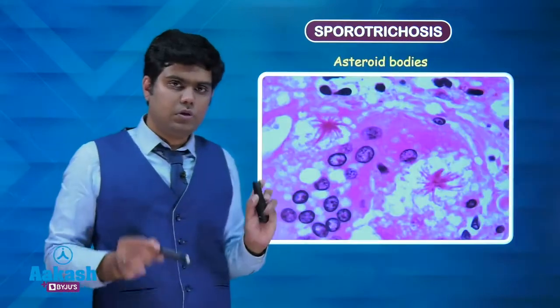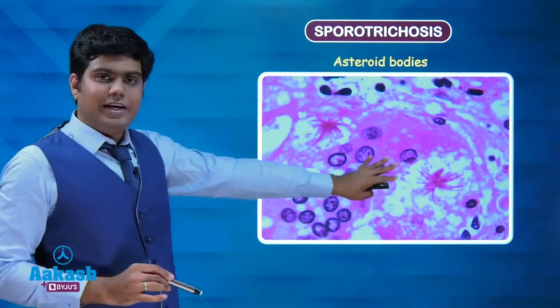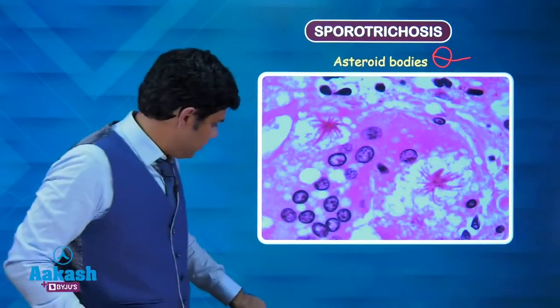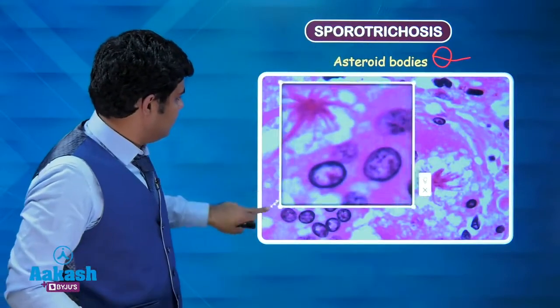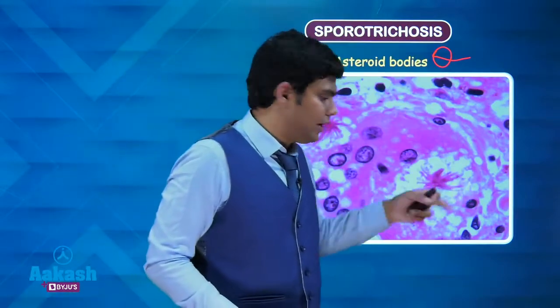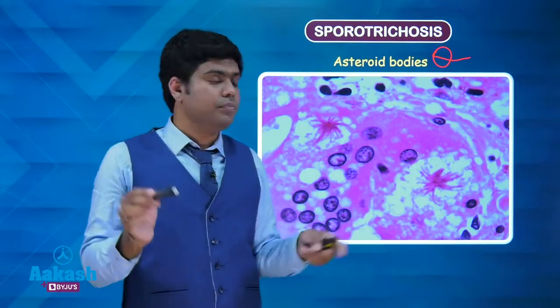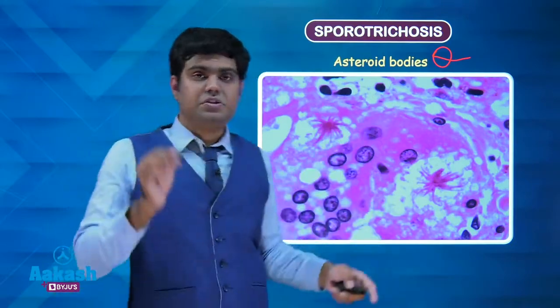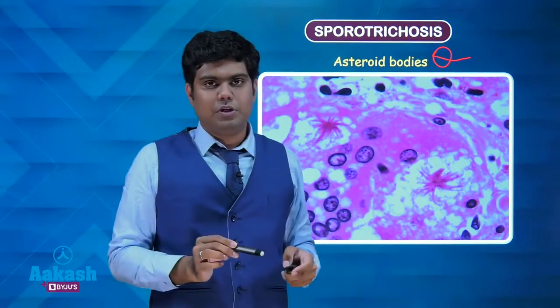Okay, clear till now? Again important. So we are discussing ultra high yield topics and images. This is what? Asteroid bodies seen in sporotrichosis. Can you name another disorder where we can see asteroid bodies? Sarcoidosis. Sporotrichosis, sarcoidosis both can show asteroid bodies.